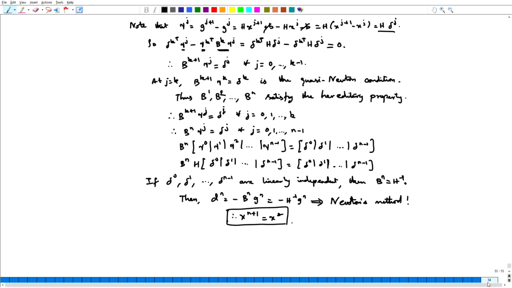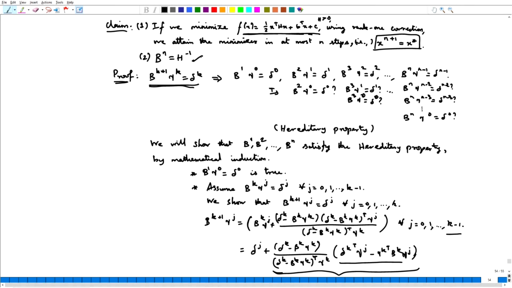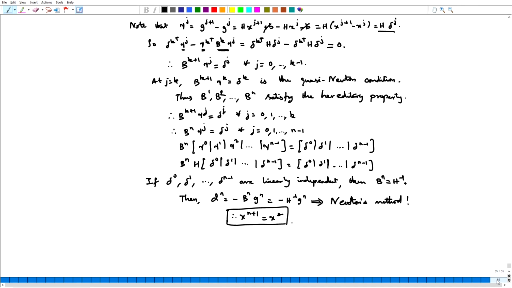Okay. So, we have proved both of these, B n equal to H inverse and x n plus 1 equal to x star, but of course under the condition that delta 0, delta 1, dot dot dot delta n minus 1 are linearly independent. Okay. So, that is still there, but nevertheless I am just letting you know that you take any quadratic function in n dimension, where h is positive definite, and start with any arbitrary initial point and any arbitrary positive definite b, you will converge to the minimizer in n steps.